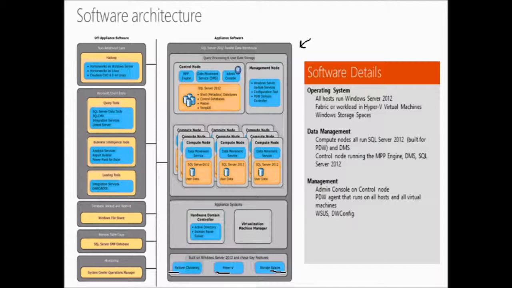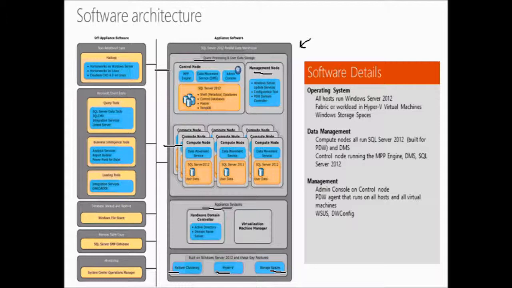On top of it, we have the appliance system, which consists of our fabric layer. On top of it, we have the PDW engine, consisting of the control node and a number of compute nodes depending on your hardware system. Within the PDW system, we also have a management node, which we'll talk about in detail in coming slides.